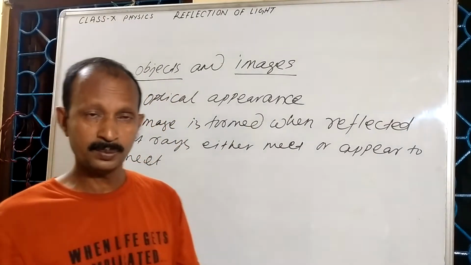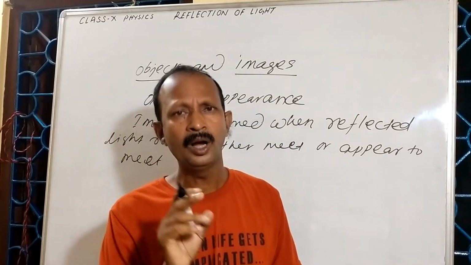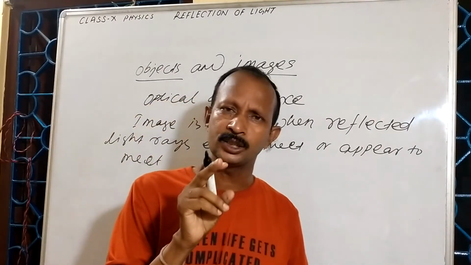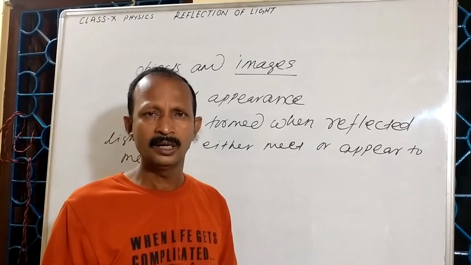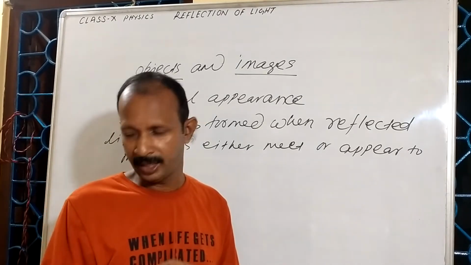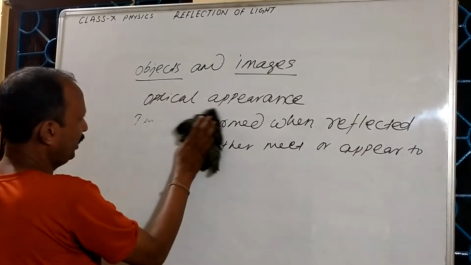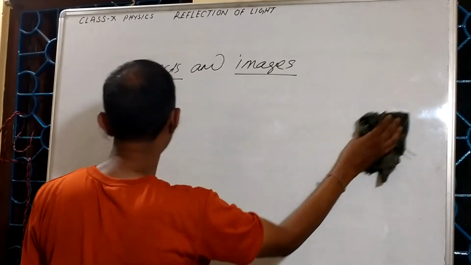So an image is formed when the reflected light rays either meet or appear to meet. If they meet, it makes a real image. If they appear to meet, it makes a virtual image. Okay? So you remember that a real image is always inverted.